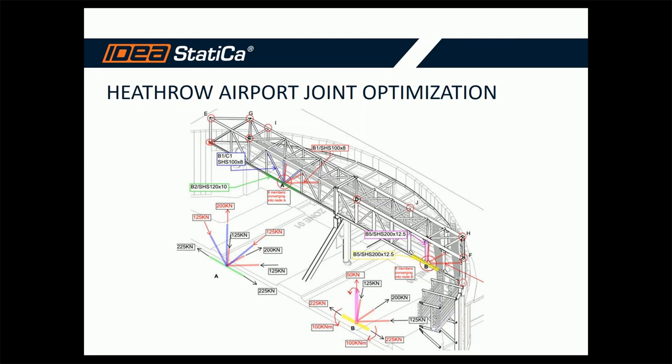They were struggling with designing the connections there because they had no tool to check such a complex topology, and also they were struggling with the design based on forces from various load combinations.